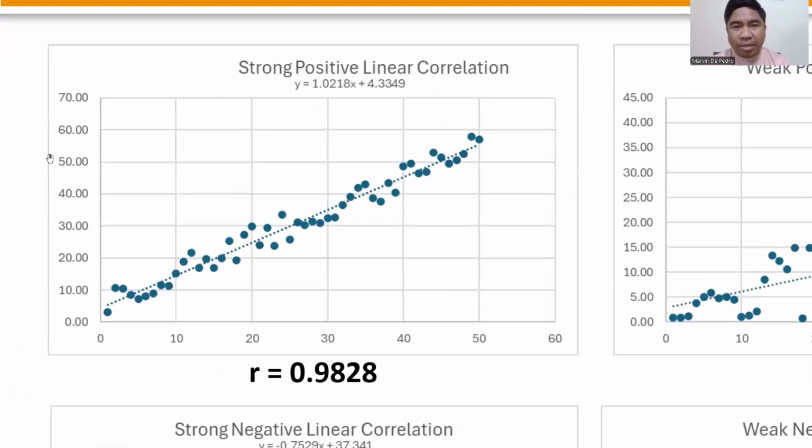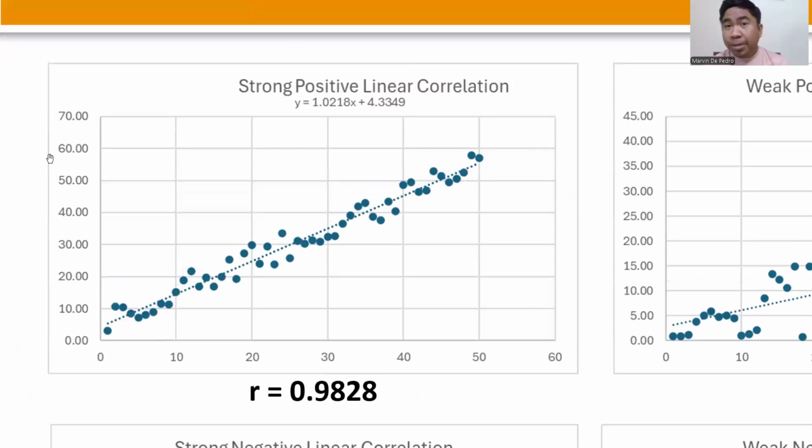So as you can see, as mentioned earlier, we have a strong positive linear correlation here, determined by the positive R, and a magnitude that is close to 1. Okay, so it's not perfect, but it's strong because it's approaching 1. And without this line, you can actually see there's an upward trend, right?